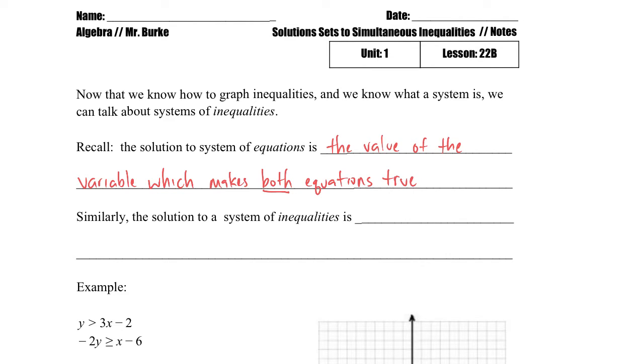The same is true for inequalities. With inequalities, we want to find the value, or in this case, values, of the variables that make both inequalities true.